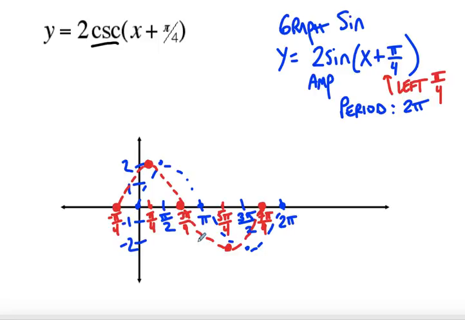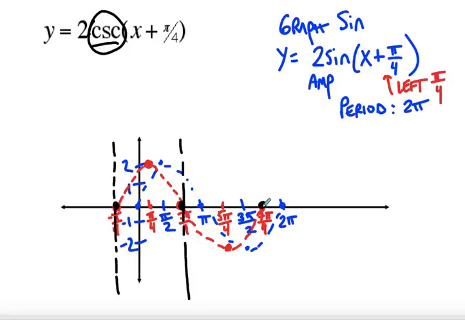Okay, so all we've done so far is sine with an amplitude of 2, period of 2 pi, and a shift left of pi over 4. If I want to graph cosecant, wherever the sine graph hits 0, we're going to put an asymptote. Right here is where the sine graph hit 0, so we put an asymptote.